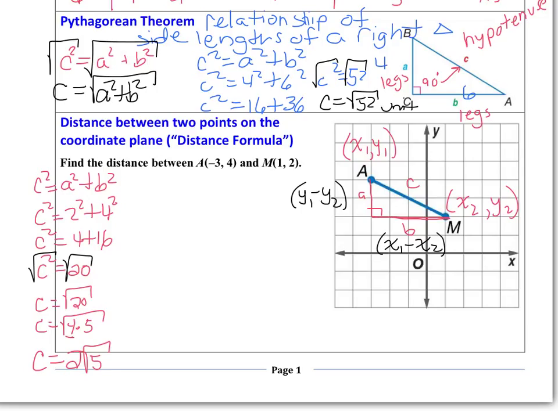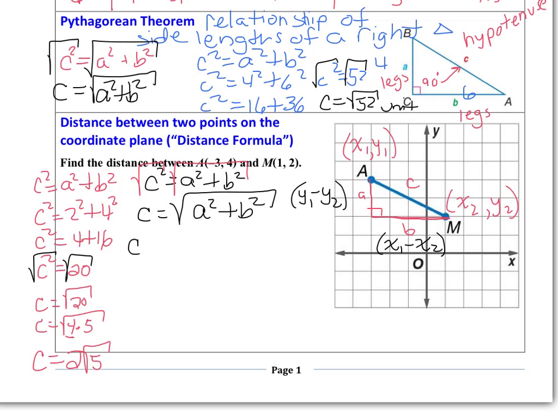So let's go back to our Pythagorean Theorem. c squared equals a squared plus b squared. And just as we've done above, I can solve for c by taking the square root of both sides. So I get c equals the square root of a squared plus b squared. And now I'm just going to substitute these expressions in here for a and b.